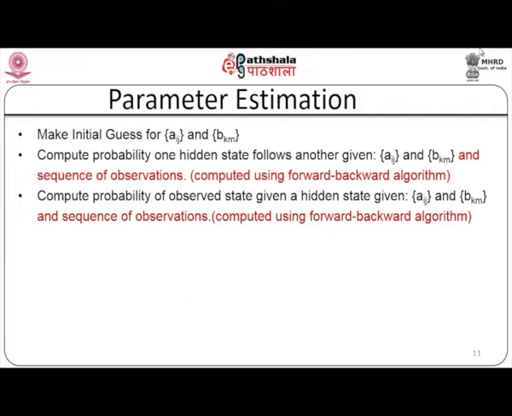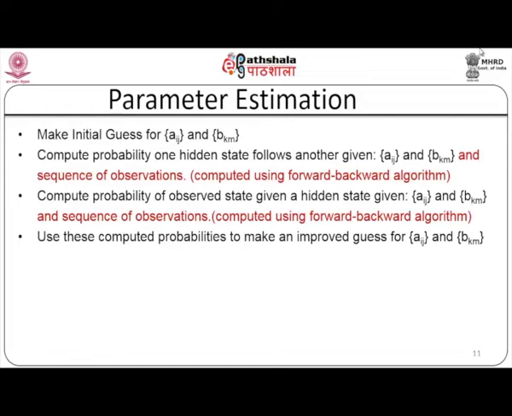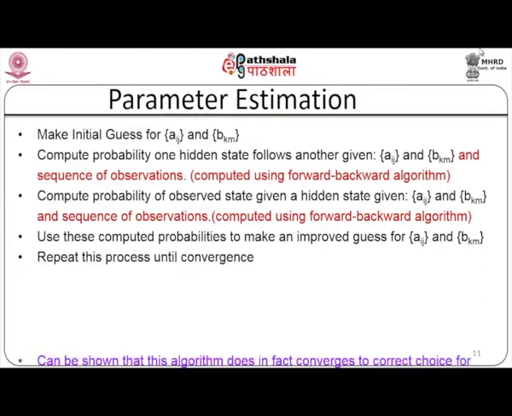Again, you can compute this using the forward-backward algorithm. Then use these computed probabilities to make an improved guess. You start with an initial guess, then try to improve A_ij and B_k. Repeat this process until there is no more change in the transition probability and the emission probability.